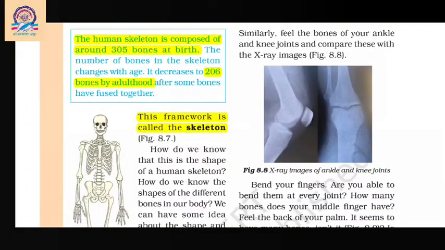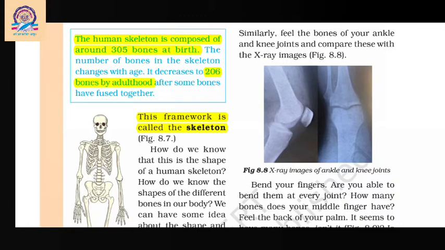There might be a question in your assignment: what is skeleton? So what you have to write? The bones in our body create a framework which shapes our human body, and this framework is known as skeleton. And here in your blue paragraph there is an important point given.